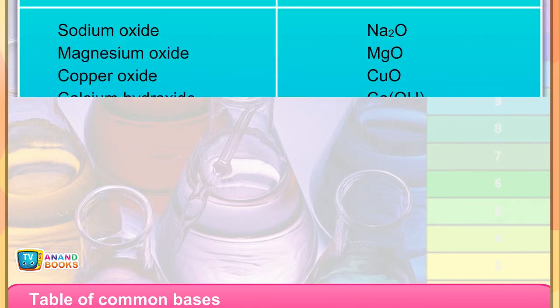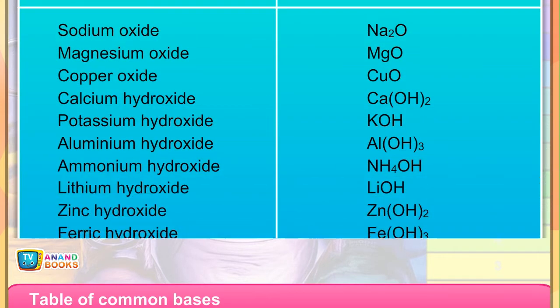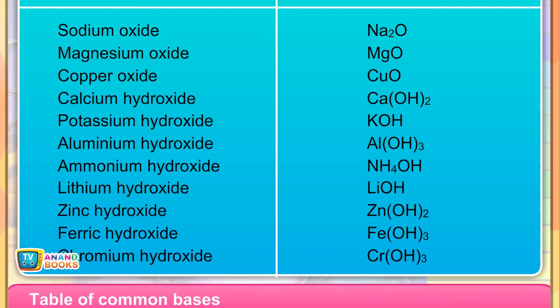Table of common bases. Name of the base: sodium oxide. Formula: Na2O. Magnesium oxide, MgO. Copper oxide, CuO. Calcium hydroxide, Ca(OH)2. Potassium hydroxide, KOH. Aluminium hydroxide, Al(OH)3.